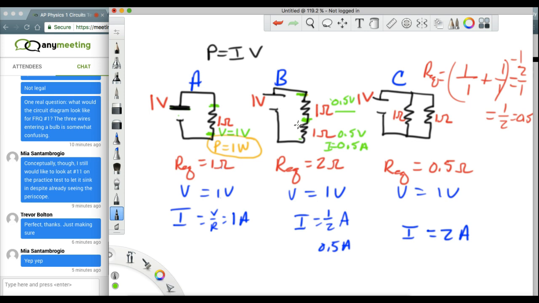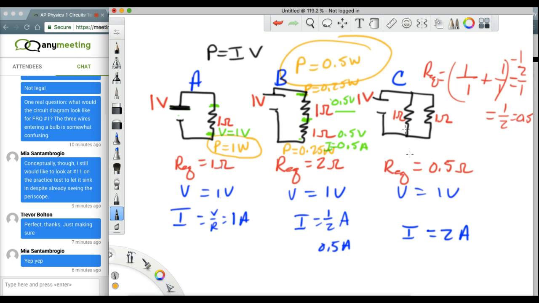So what is 0.5 times 0.5? Power. 0.5 times 0.5 is 0.25 watts. So this one would be 0.25 watts. 0.25 plus 0.25 gives me a total power of 0.5 watts for B.